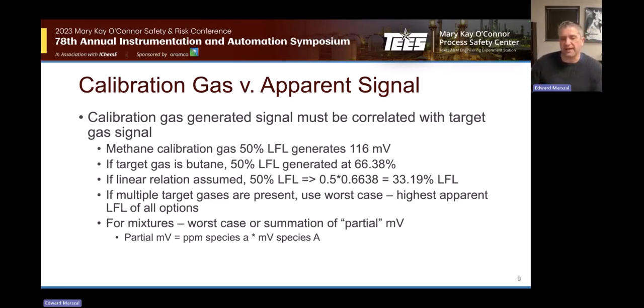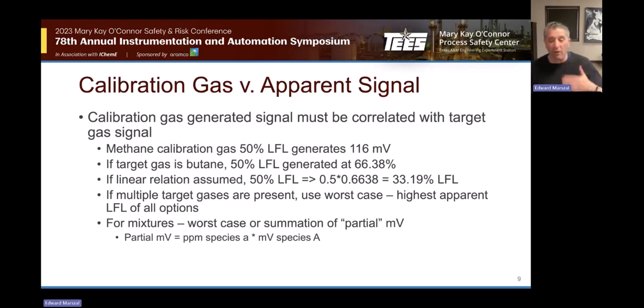The other option then is to look at what is in this mixture that I'm releasing, and do the same thing you did in the last bullet point, which is figure out which of these is going to give me the highest apparent LFL, the most conservative, and calibrate based on that. And in this case, if you have a mixture and your bad actor in the mixture is butane, you probably want to calibrate based on butane.